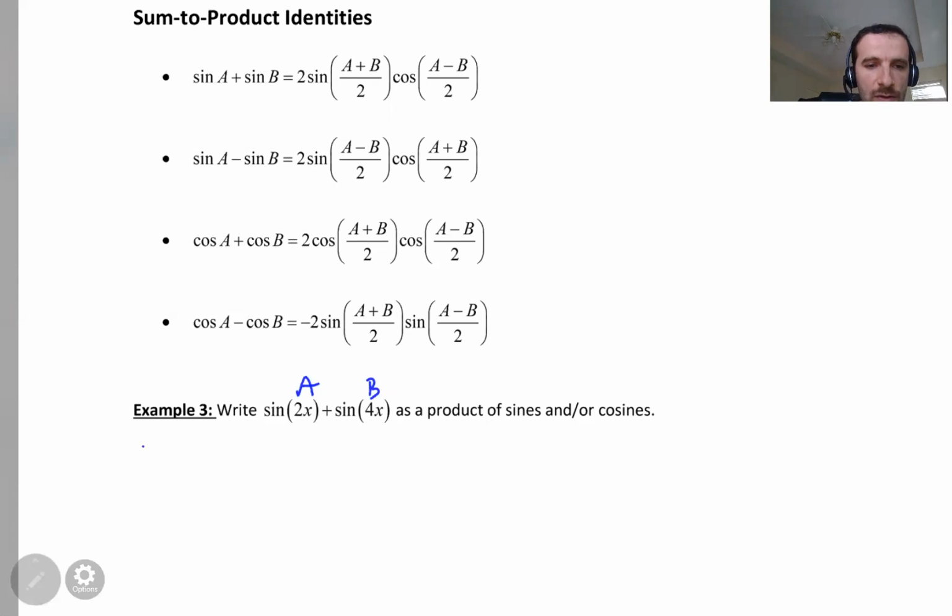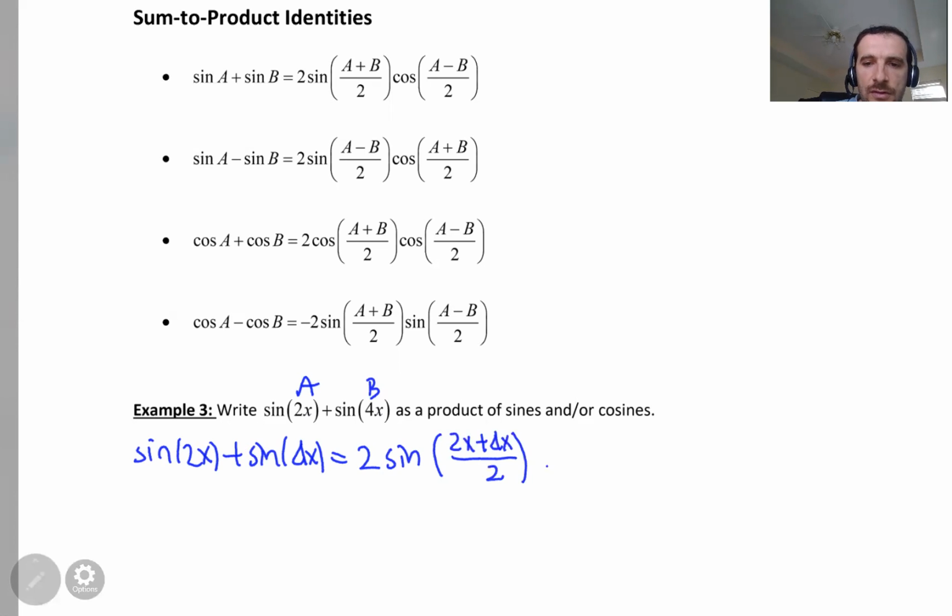So sine of 2x plus sine of 4x equals 2 times sine of (a plus b) over 2, and a is 2x and b is 4x, right? So 2x plus 4x over 2, times cosine of (a minus b) over 2, so 2x minus 4x over 2.